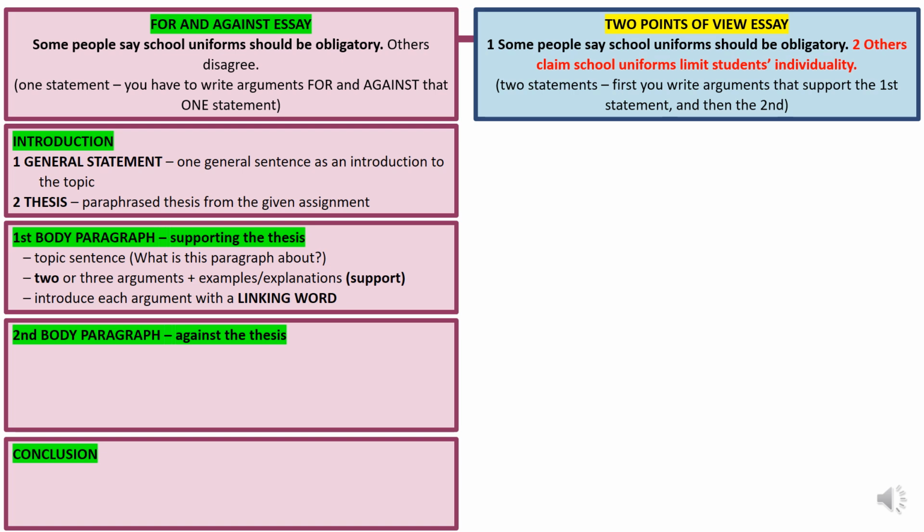Because if you have 3 arguments, they look mostly like a shopping list and not so much as developed argumentation. So 2 arguments but give good examples, explain them well, is for me better than just listing arguments. What is also important to emphasize here, for each of these arguments, you need introductory words, so-called linking words. So first, firstly, second, secondly. That's just an example. You can use others, of course.